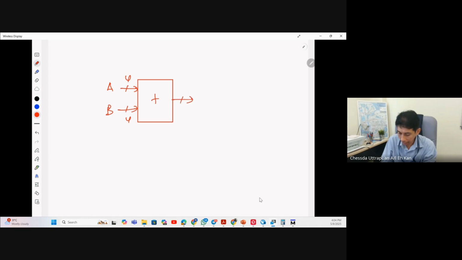And of course, the S here is 4 bit. If A equals 1 and B equals 1, the answer is 2, no problem, right? But if A equals 6 and B equals 2 or 3, S should be equal to 9. But this is a problem because we have 4 bit only at the result.